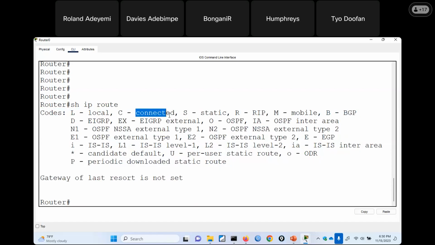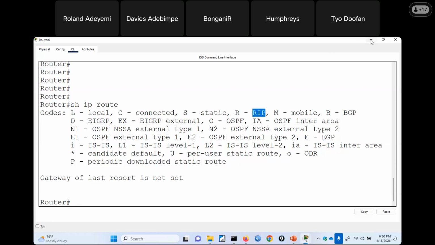If you see C, connected, it simply means the router got to know about that network because it's directly connected. If you see R in the routing table, it simply means the router got to know about that network through RIP. These are different ways the router builds its routing table. But as it is right now, this router has nothing in its routing table.